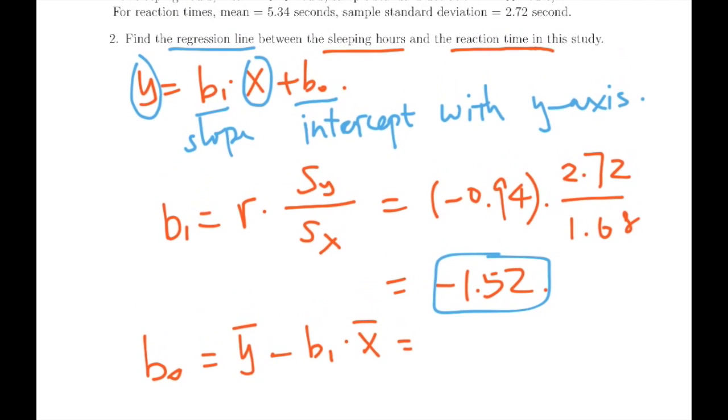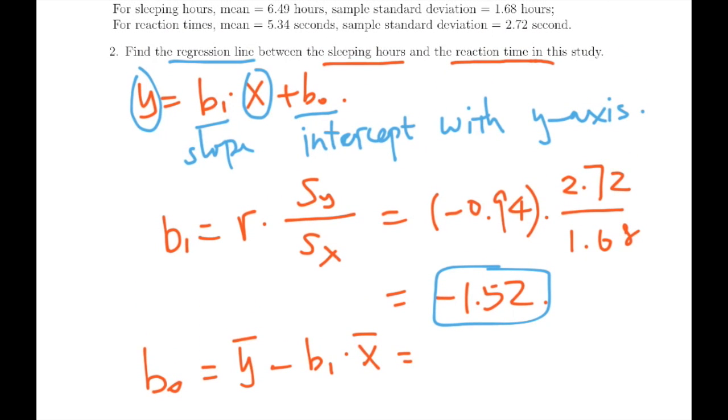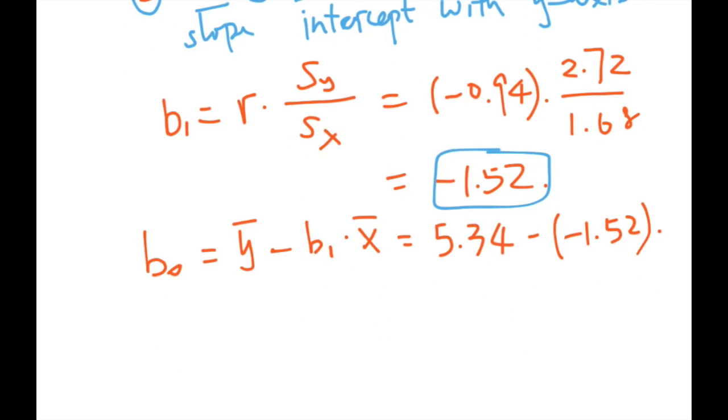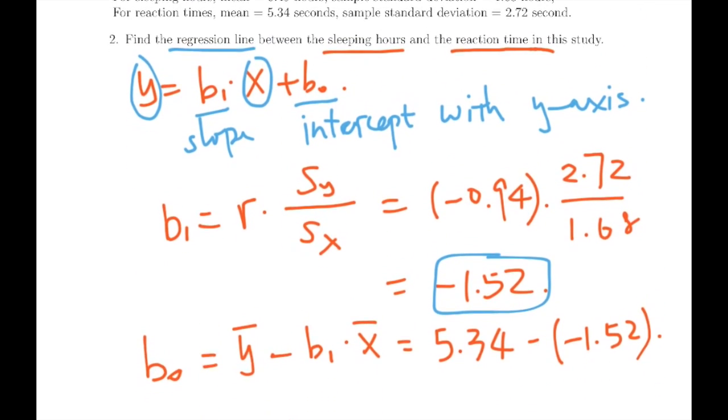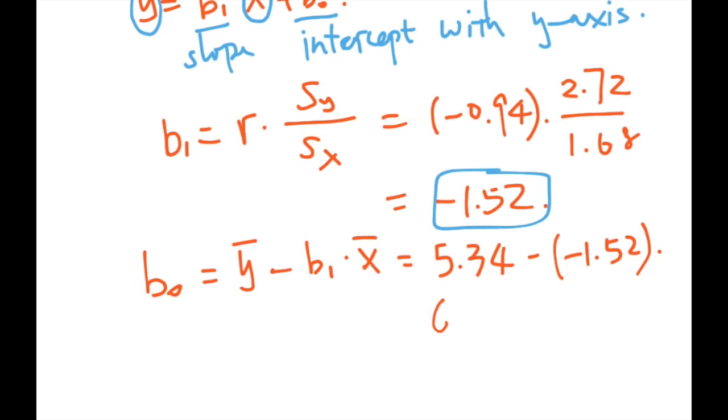So if we plug in the numbers, we will have y bar equal to 5.34 seconds minus b1, that is negative 1.52, times the average of the sleeping hours, that is 6.49.